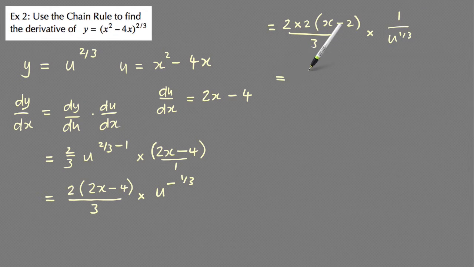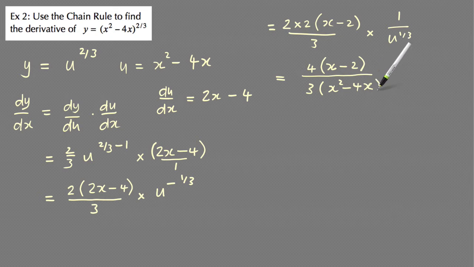On the top I've got 4 bracket x minus 2, and on the bottom 3 times u to the 1/3. Now I'm going to put the u back, which is (x squared minus 4x) to the 1/3, and that is the answer. It's one form of the answer.